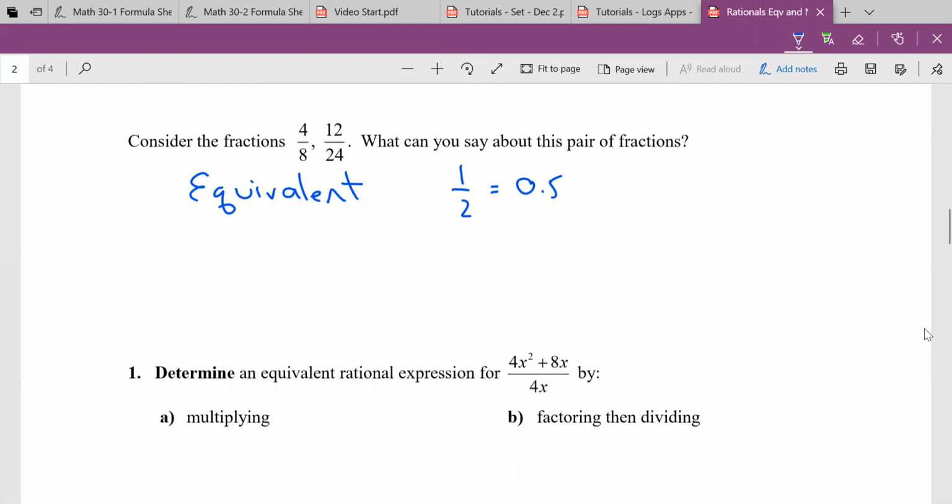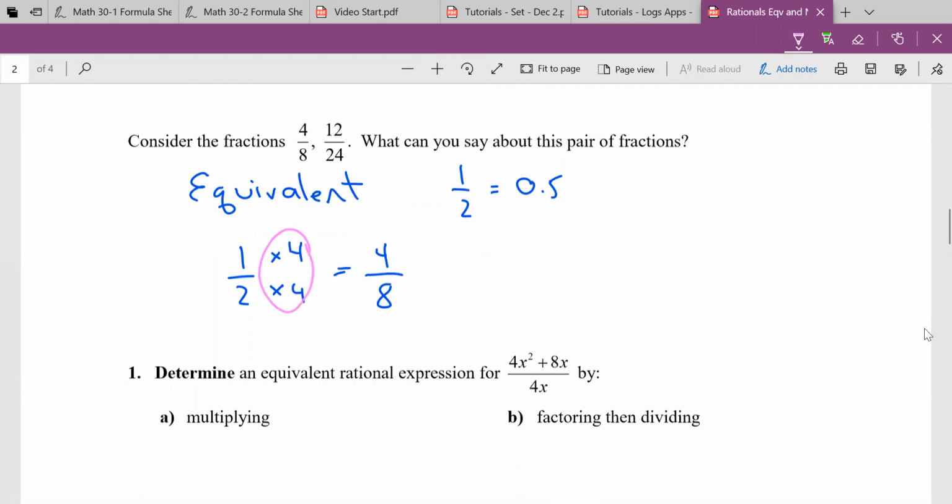Well, what I want you to think is comparing to 1/2, I could multiply both top and bottom by the same amount. And when I say top and bottom, I mean numerator and denominator. And that gives me 4 over 8. The thing I want to stress here, what makes these equivalent, is that they have the same value.